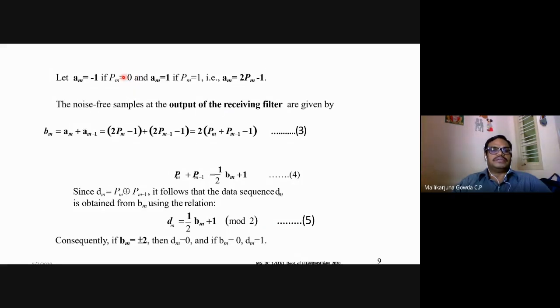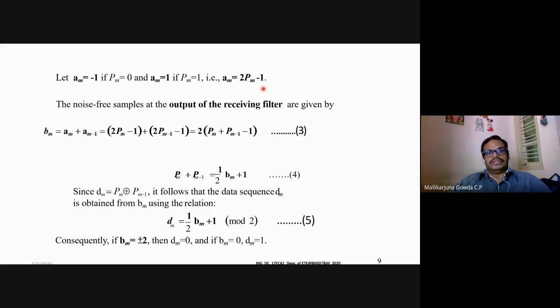That means the present pre-coded sequence is 0, and at that time Am is equal to minus 1. Am is our transmitted sequence pulse. Minus 1 denotes binary information 0. And Am will be equal to 1 if Pm is equal to 1.